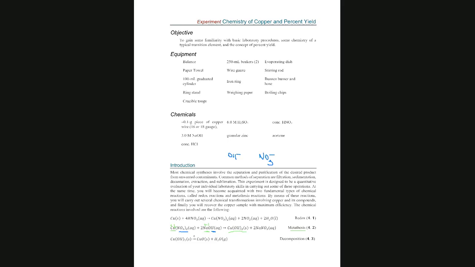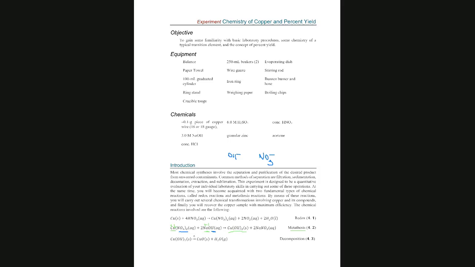So what happens in a metathesis reaction? Positive ions switch places. Basically, the copper is bound to the nitrate that is negative, but it got tired of the nitrate, and it said, I want to switch places with the OH. There are not many options, either the nitrate or the OH.